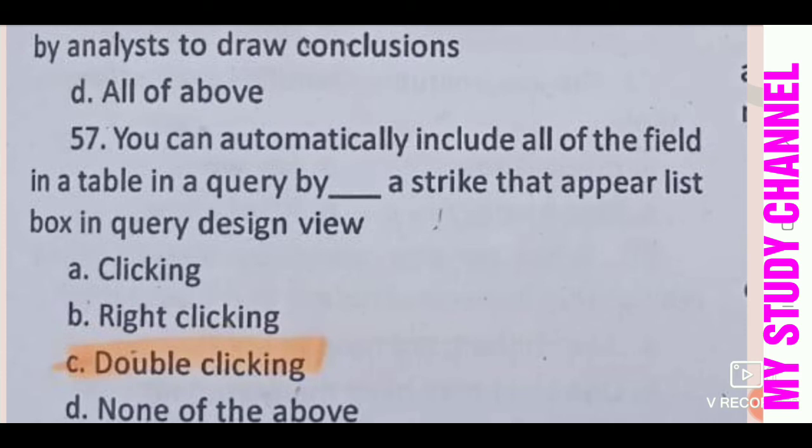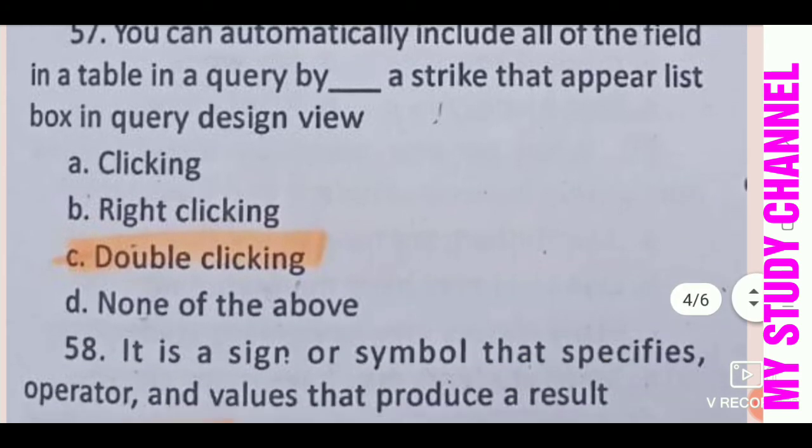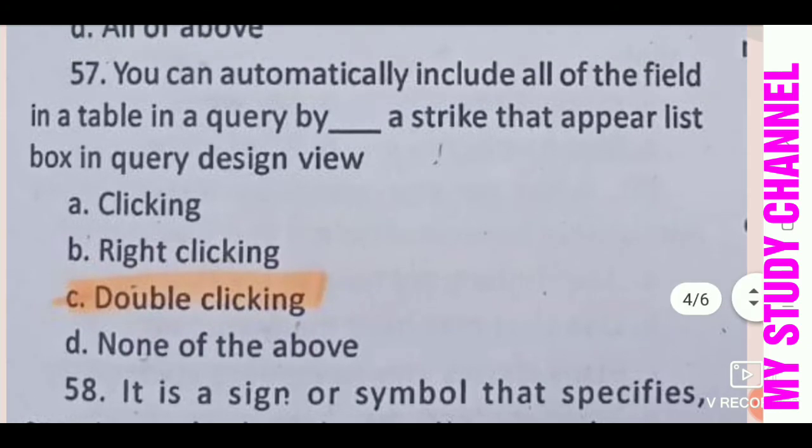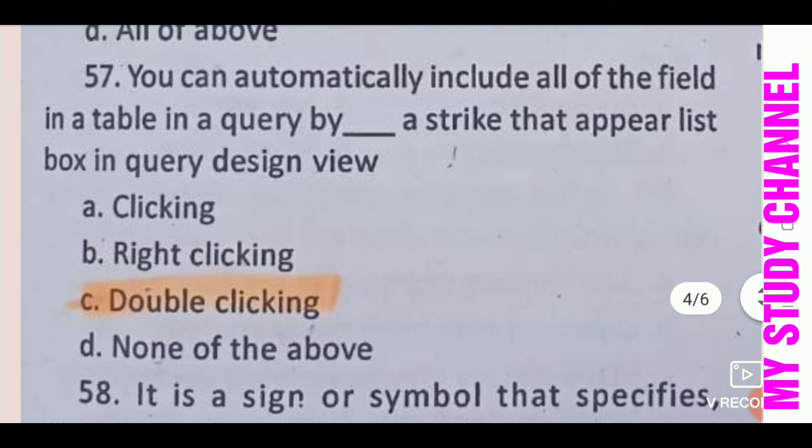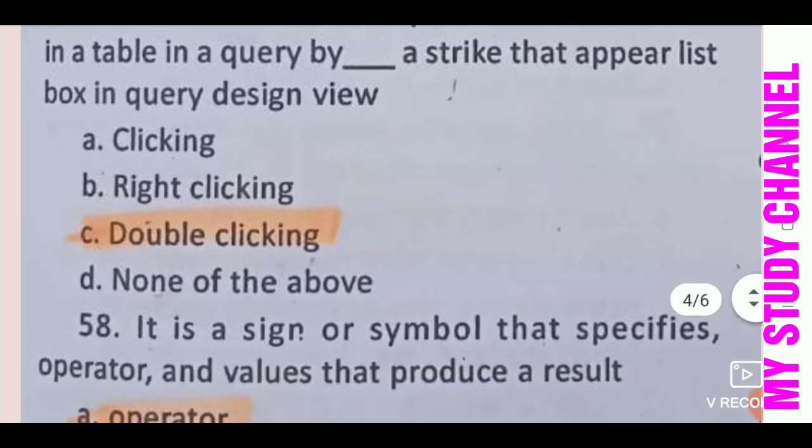Here A is clicking, B is right clicking, C is double clicking. Here the answer is double clicking. You can automatically include all of the fields in a table in a query by double clicking the asterisk that appears in the list box in query design view. So option C is the right answer.